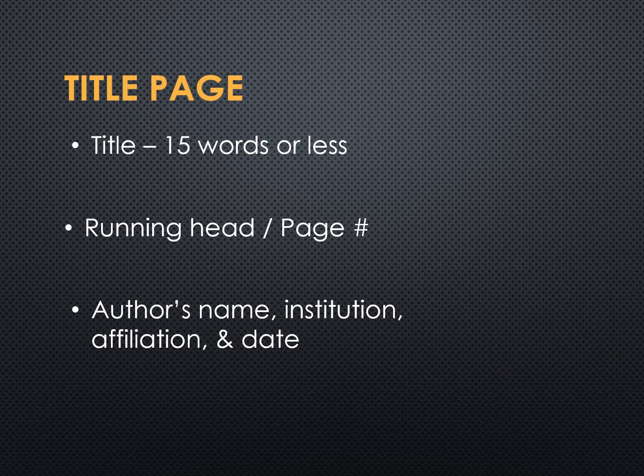And finally, on the title page, you'll have your name as the author, your institution, which is your college or training resource that you're attending, and the date of the paper. Now for my class, I'm not picky with the date. You can put the date that the assignment is due, or you can put the date of when you actually wrote the paper itself.